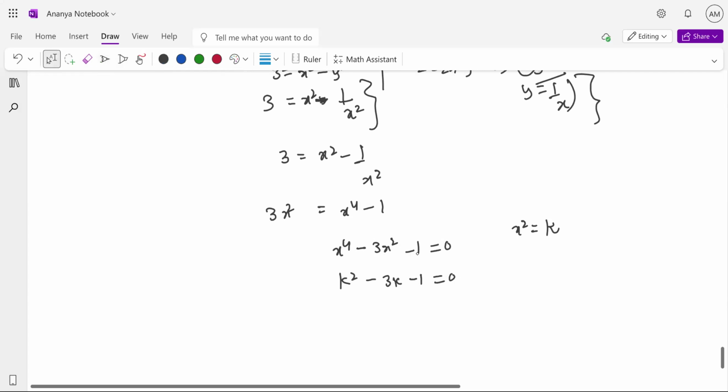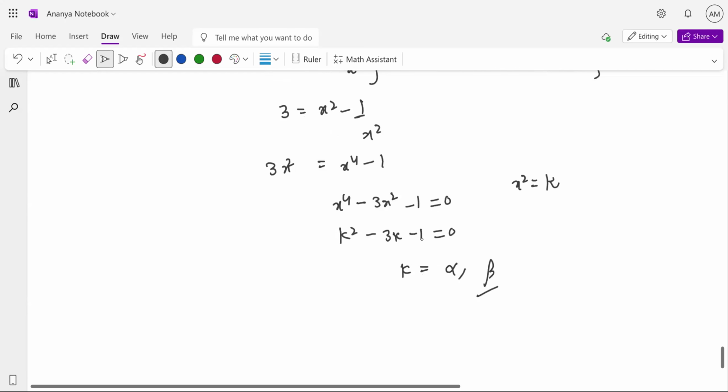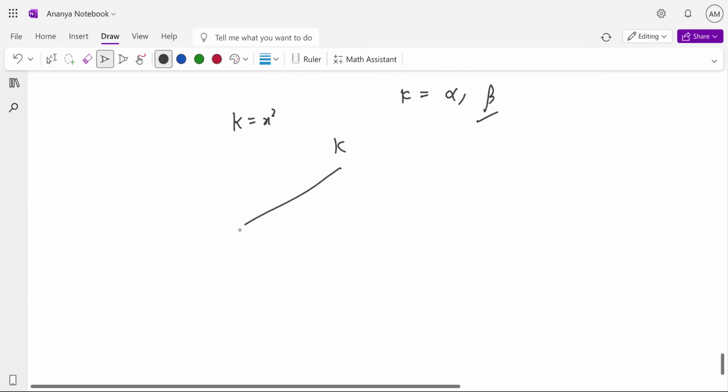Yes, sir. From here, I will get the value of this k. Let's say I got k equals to something, alpha and maybe beta, two values will be there. For each of the two values, you can say this k is nothing but x square. So if I say x square equals to alpha, and x square equals to beta, I'll be having two values each.